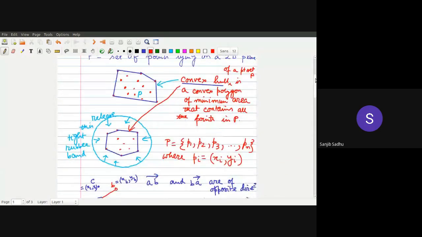Here you see the figure. In this case, when these convex hull boundary points are left only, and all the inside points have been removed, you are drawing the triangle and removing the points.